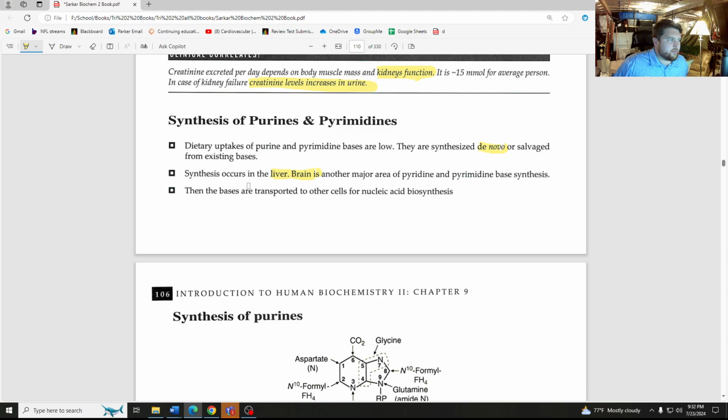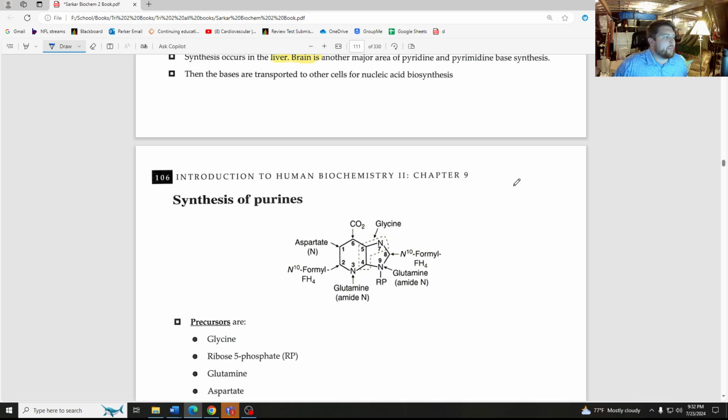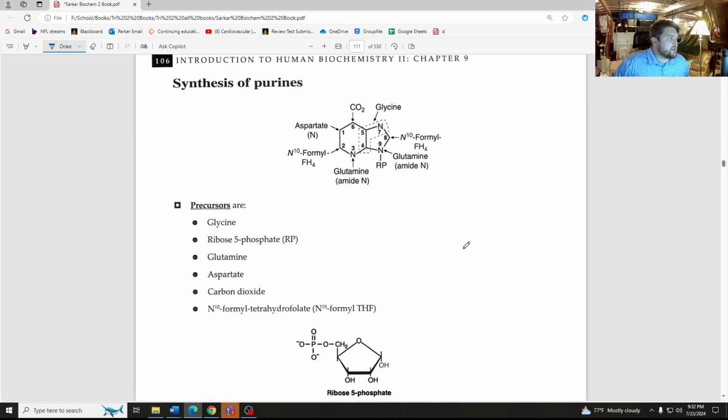Liver is often number one, brain is number two. Then the bases are transported to other cells for nucleic acid biosynthesis. The synthesis of the purines has a whole bunch of different parts.